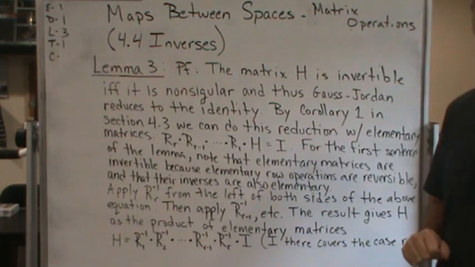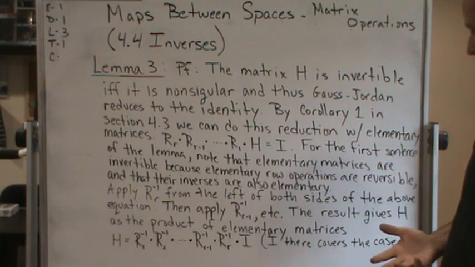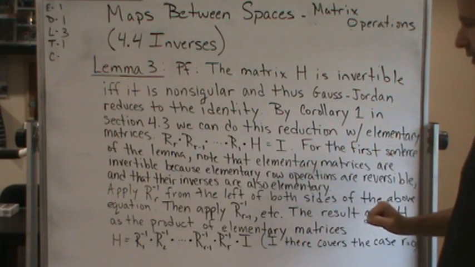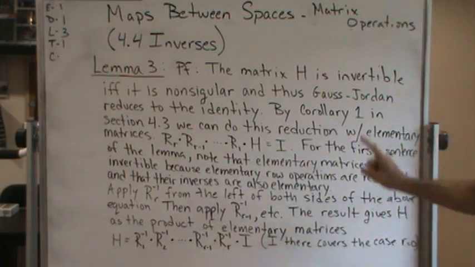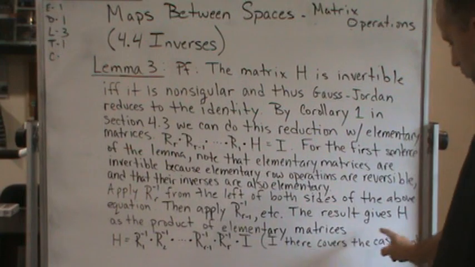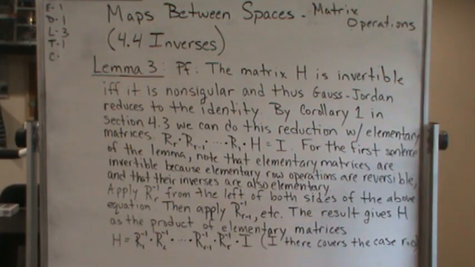reduction matrices. Okay, so these elementary matrices. So what's going to happen? Well, if we keep doing that, the result gives us H as the product of the elementary matrices.